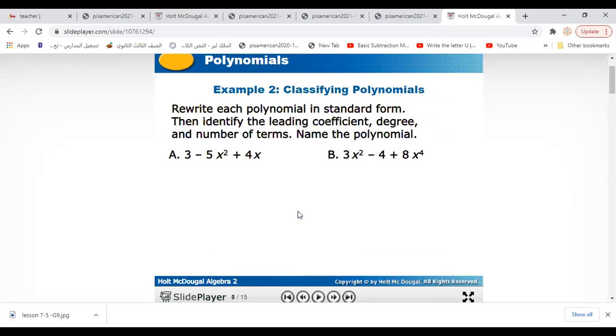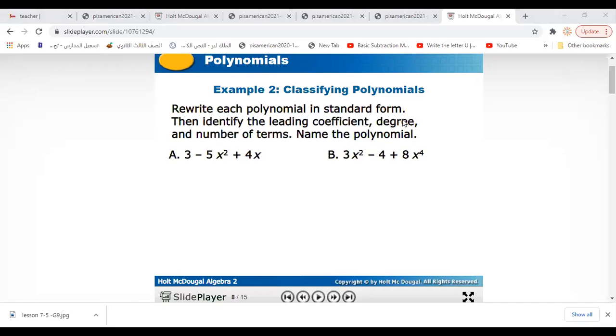Here, in this one, I want to classify the expression. How will we classify? Rewrite each polynomial. In this question, he wants us to rewrite each polynomial in standard form, then identify the leading coefficient, the degree, and the number of terms, and name the polynomials. Okay? So who will answer?